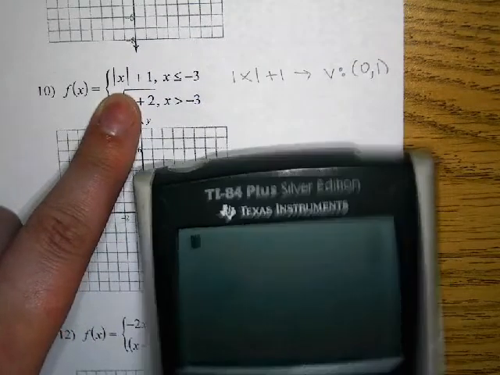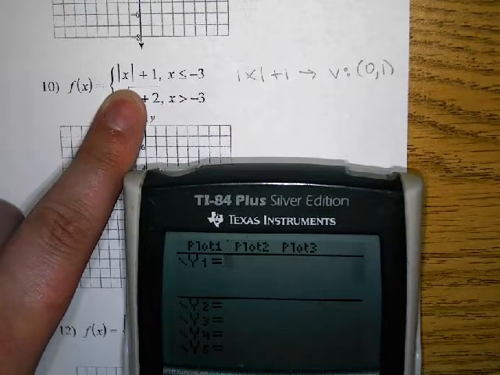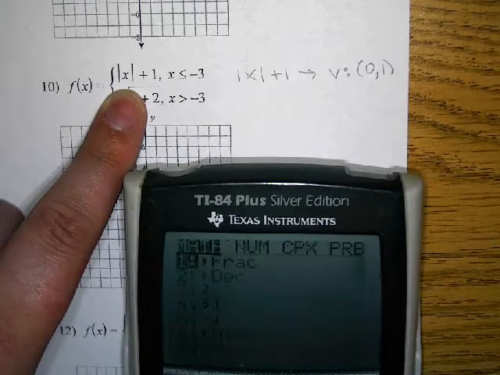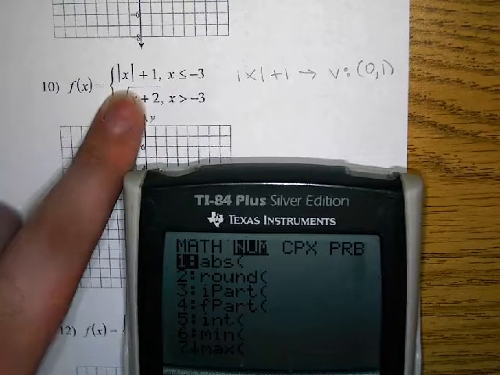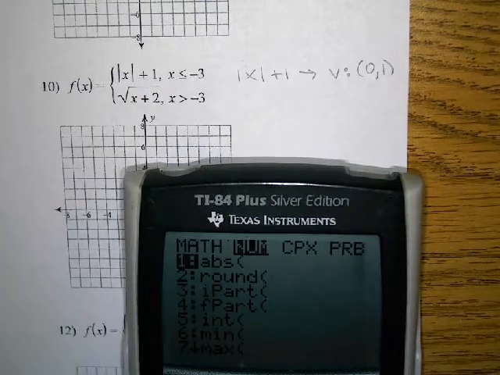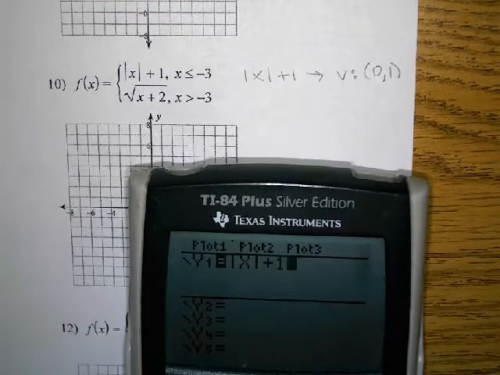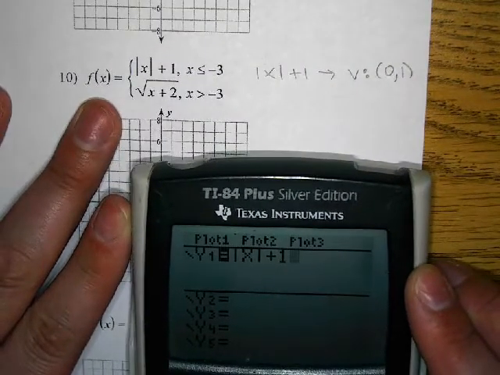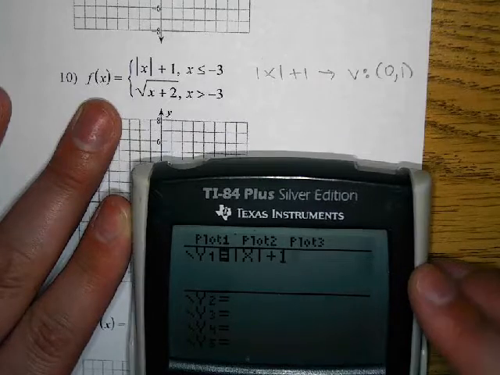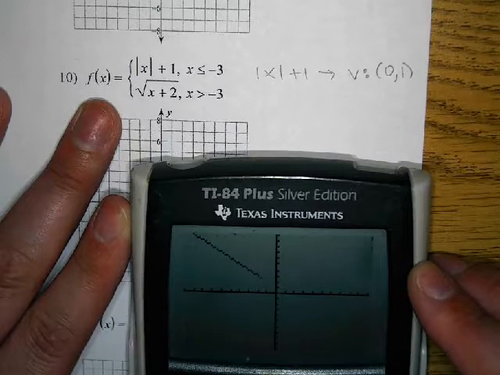Let's go ahead and graph it in the calculator. So absolute value of x plus 1, we're going to hit the math button, go over to number, and it's the very first one. Absolute value of x plus 1. Yep, so this is what the graph looks like.